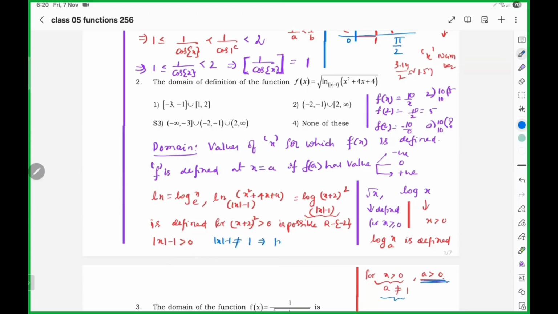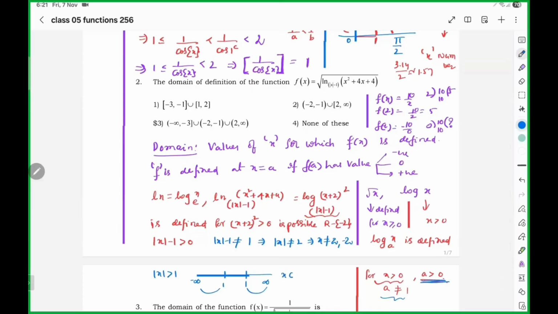That means base should not be 2. That means x cannot be either 2 or minus 2. Here it is mod x greater than 1, which means x lies between minus infinity to 1 and 1 to infinity.